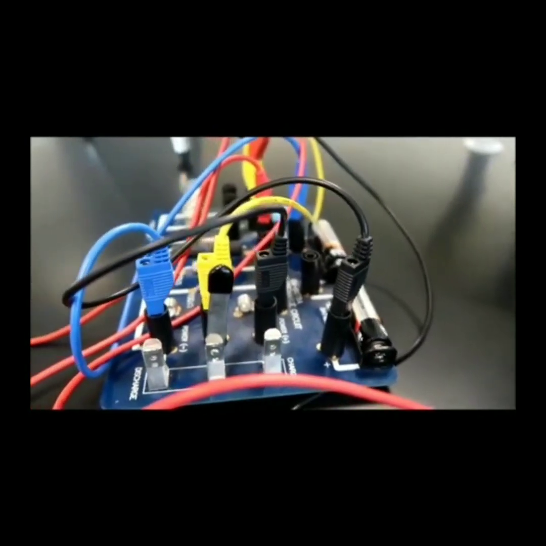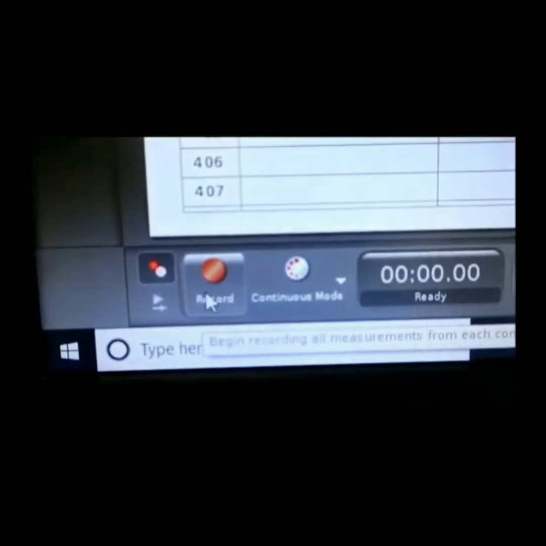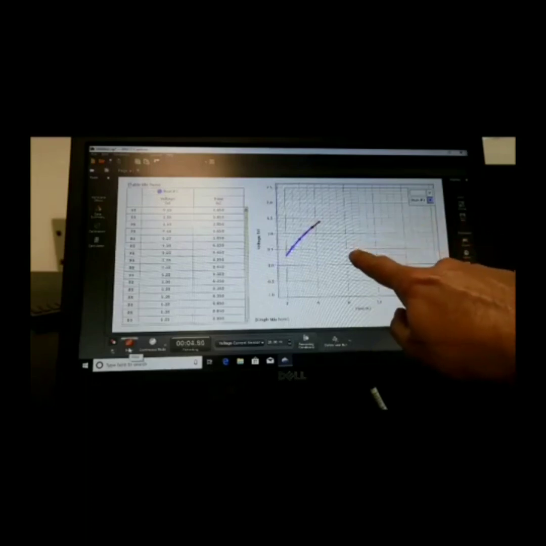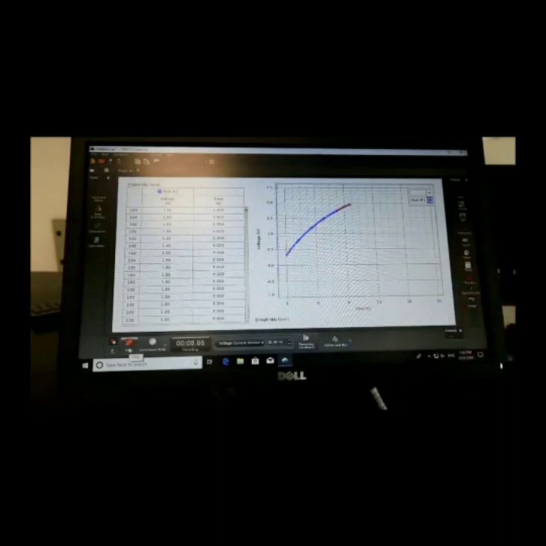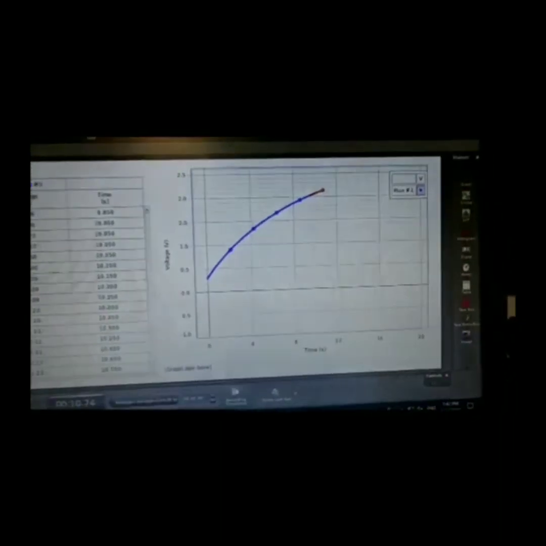Before I start charging, I will start recording the data here. I will press record, and we will see the curve on the screen. Okay, I will start recording. Here you can see this is the curve for voltage with time, and the voltage is increasing and increasing.